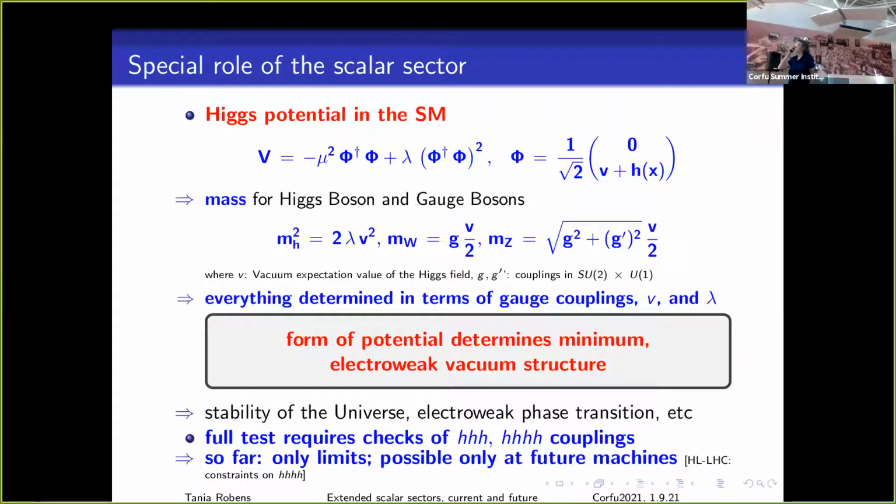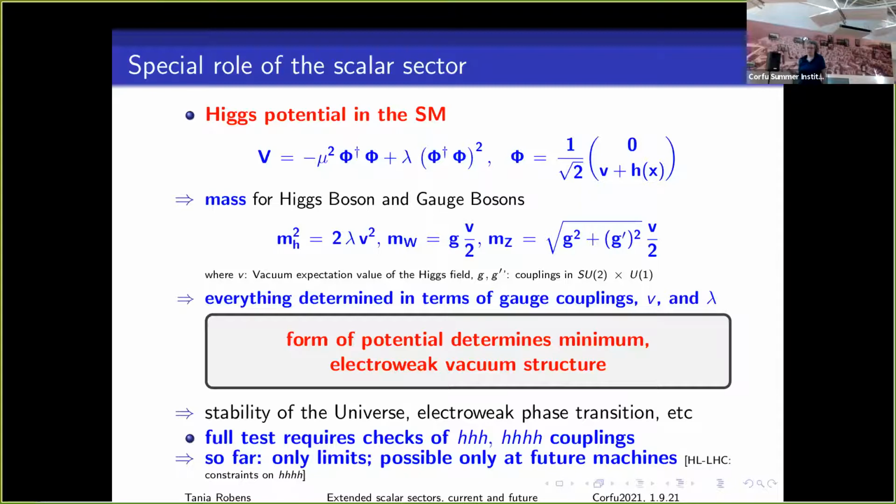Okay, what is the special role of the scalar sector? I think I'll go through this quickly because you all know it. So this is the Higgs potential in the standard model. The VEV basically causes masses for the Higgs boson and gauge boson couplings. Everything is determined in terms of gauge couplings, v and lambda. What is important here is that the form of the potential determines the minimum and the electroweak vacuum structure. This has important consequences, for example, for the stability of the universe, the electroweak phase transition, and so on.